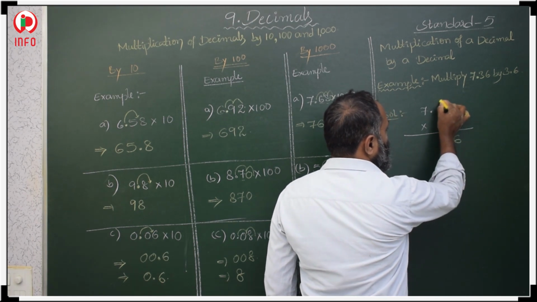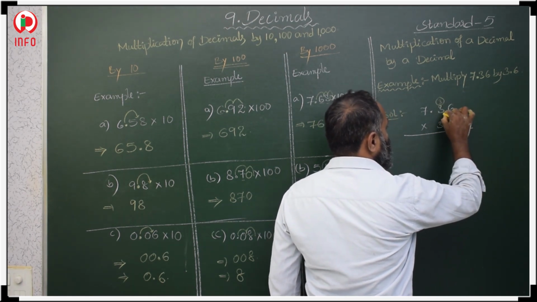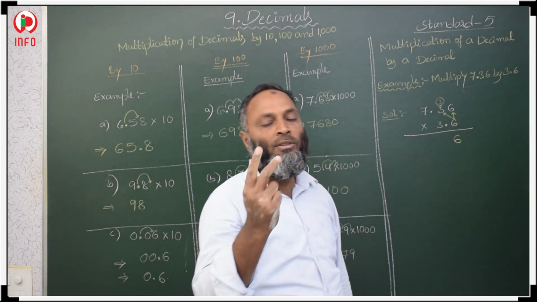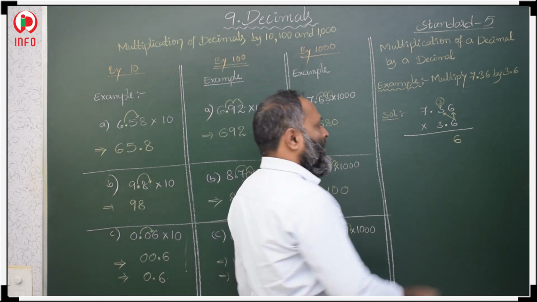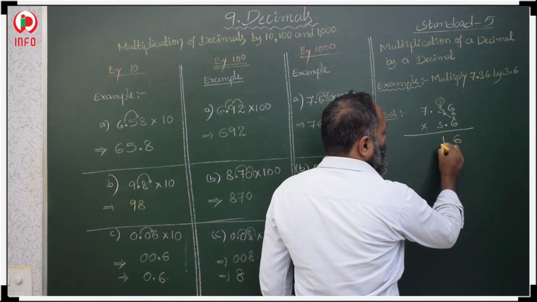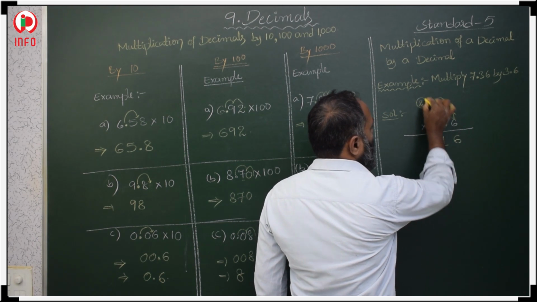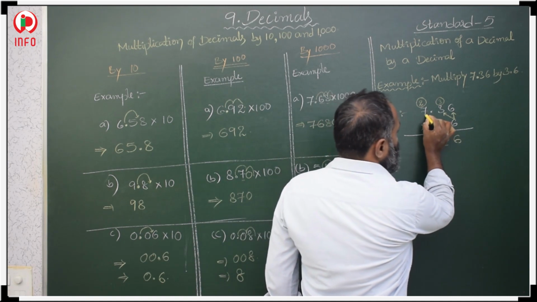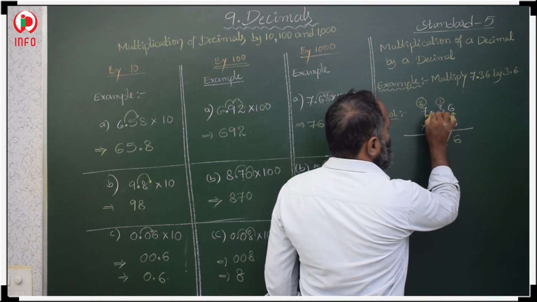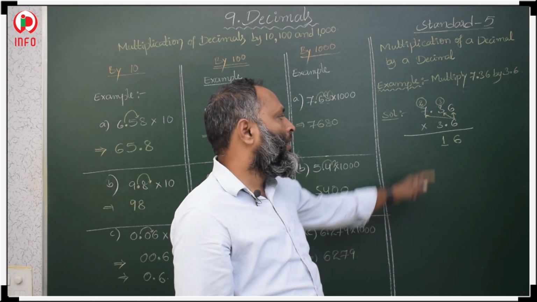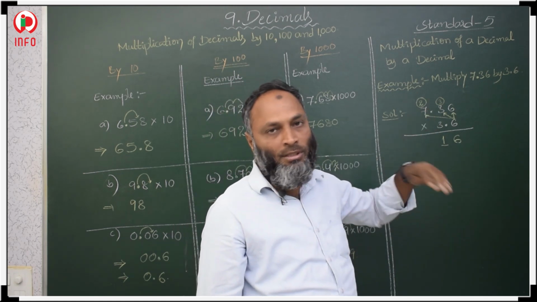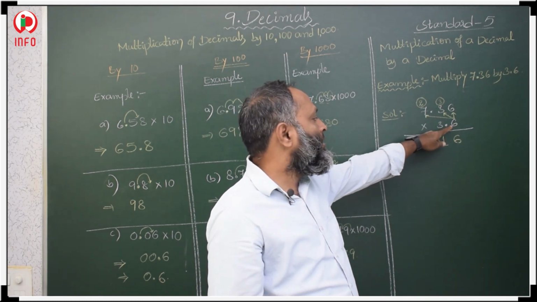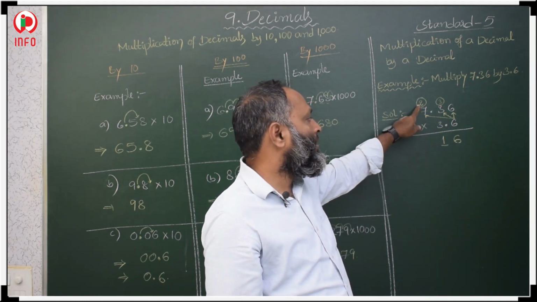Then 6 threes are 18, plus 3 is 21, and 2 we carry over on 7. Next 6 sevens are 42, plus 2 is 44. Don't consider the decimal now.